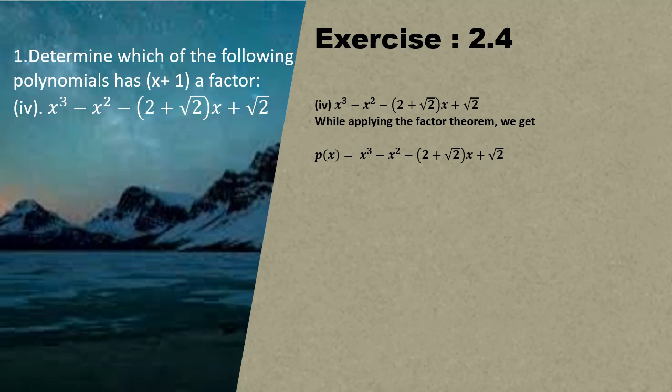You have to determine whether x plus 1 is a factor. So first we'll find the zero of x plus 1. When we find the zero, we set x plus 1 equal to 0, then we get x is equal to minus 1. Put x is equal to minus 1 in p of x and calculate. So (minus 1) whole cube minus (minus 1) whole square, again minus (2 plus root 2) times (minus 1) plus root 2.